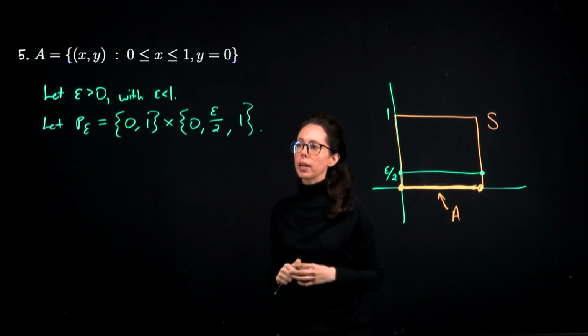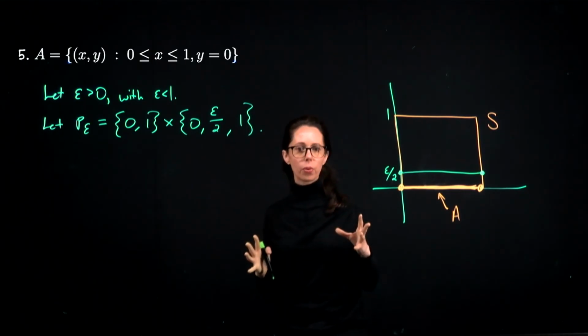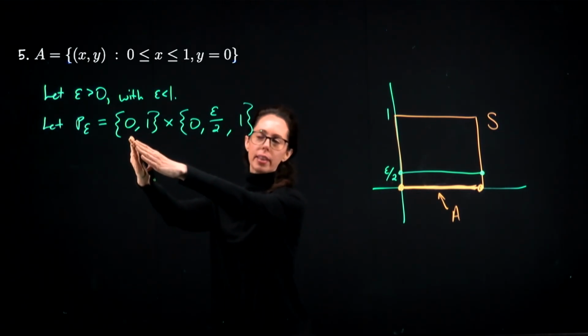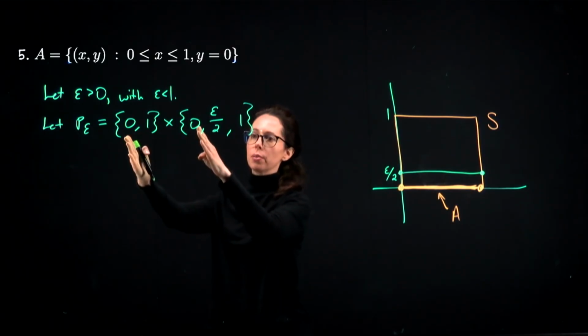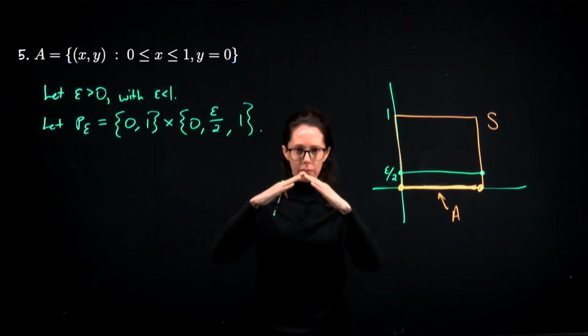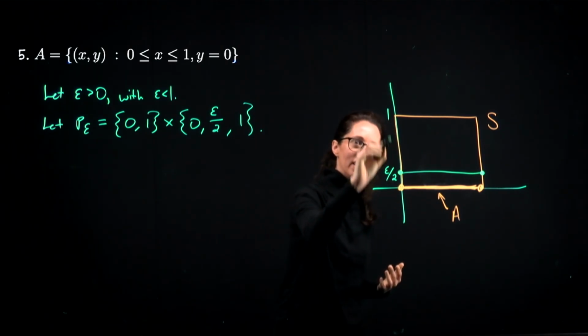What this Cartesian product does is it defines 6 lattice points for this partition of S. So in particular, we're going to take this 0 for the x-coordinate and say (0, 0), (0, epsilon over 2), and (0, 1) are points, giving us corners of our partition subrectangles. So that's here, here, and here.